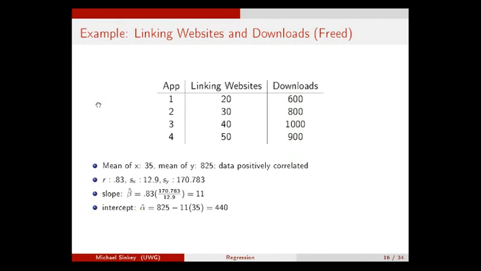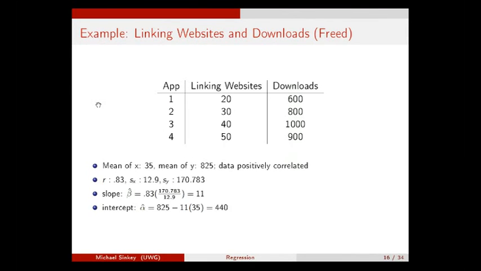Take the square root, I get 12.9. And I do the same thing for y. I have 600 minus 825 squared, 800 minus 825 squared, 1000 minus 825 squared, 900 minus 825 squared, and add them all together, divide by 3, take the square root, 170.783.